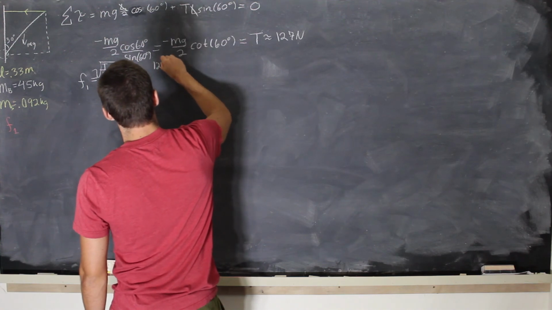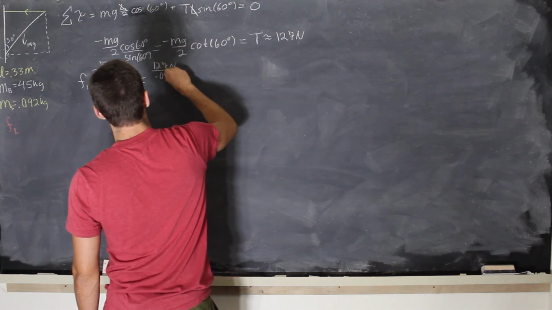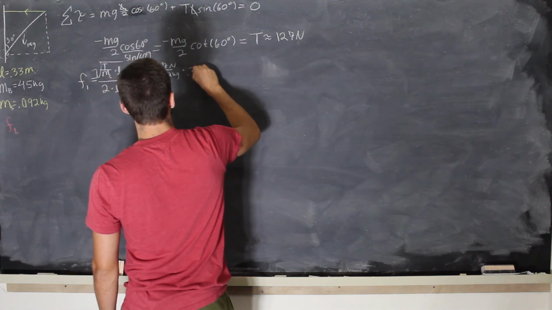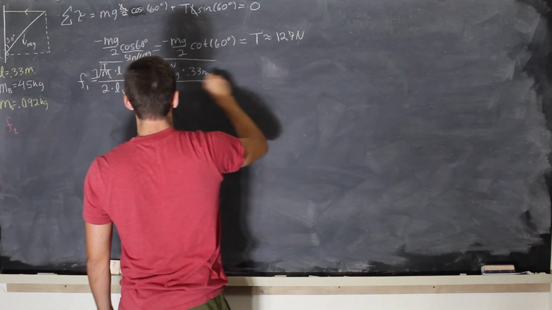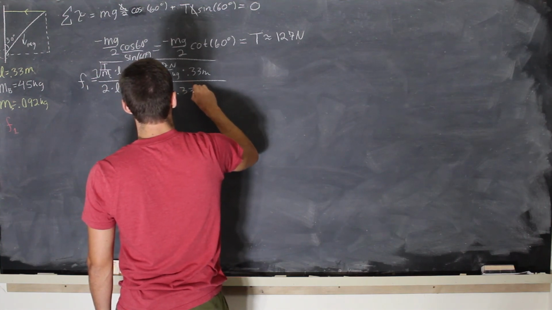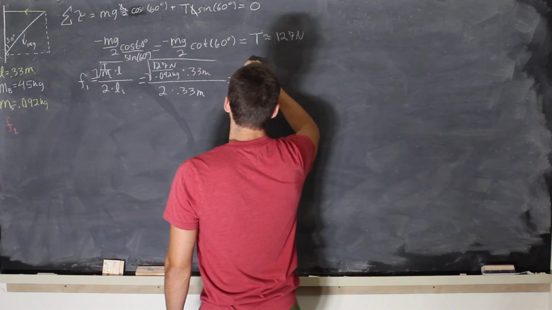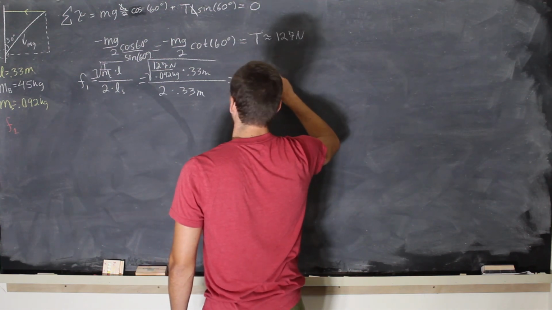So 127 newtons over 0.092 kilograms times 0.33 meters rooted over 2 times 0.33 meters, and it's going to be equal to approximately 32.3 hertz.